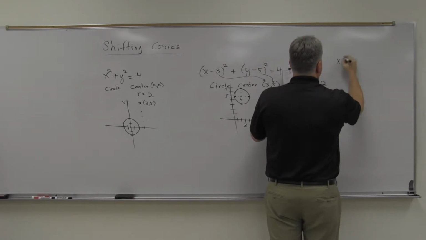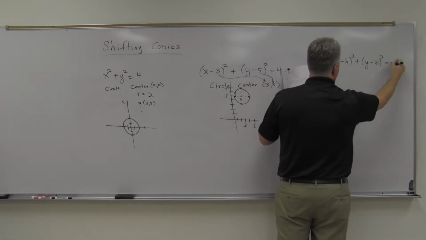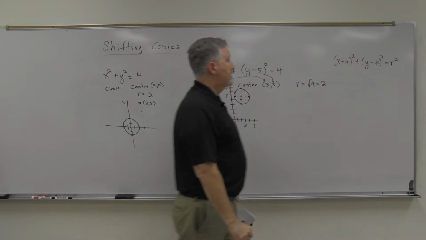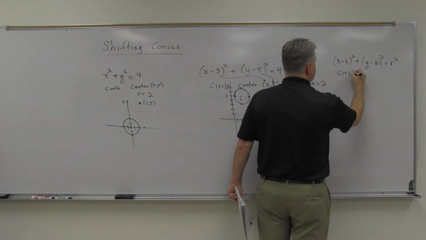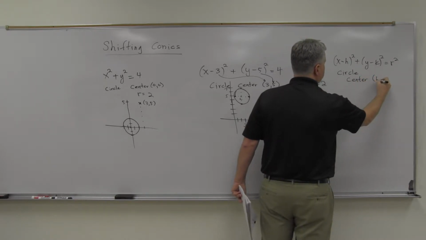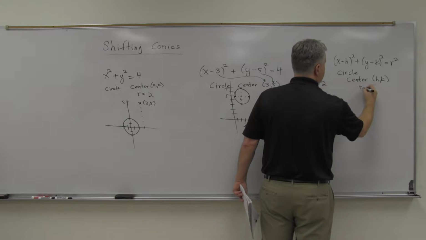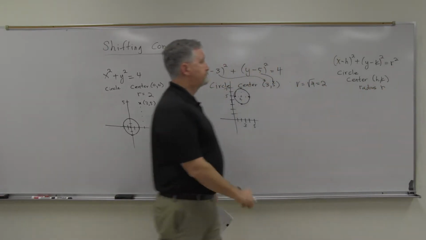X minus h squared plus y minus k squared equals r squared. If you have an equation like that, that's a circle. The center is h comma k, and the radius is r, the square root of that.